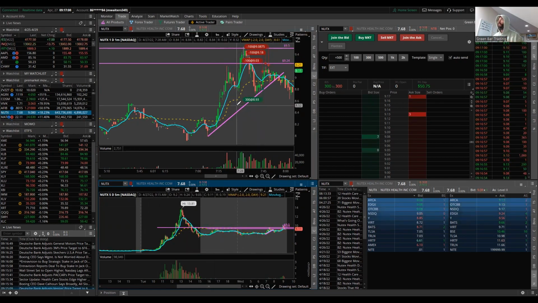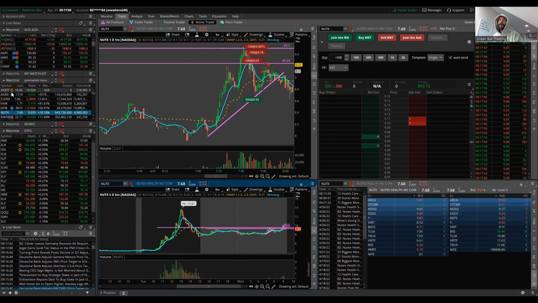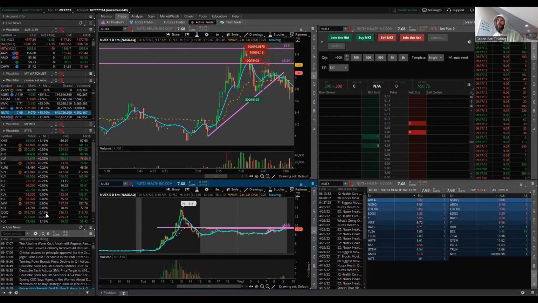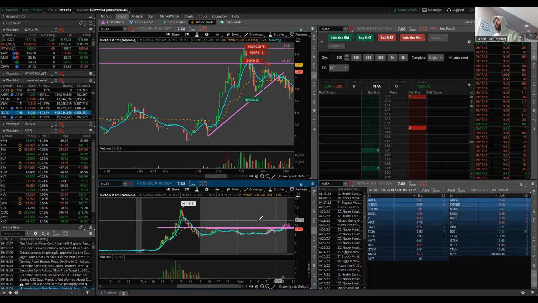I'm going to get into the trades in a second, but I just wanted to go over my TOS type of layout that I have here, because I always like to have my watch lists over here on the left side. I have my live news that comes in, as it comes in. And then for each stock, I have the news on the stock.